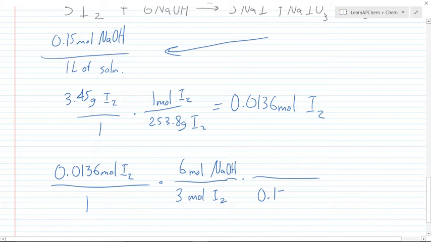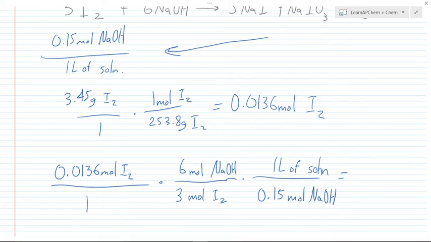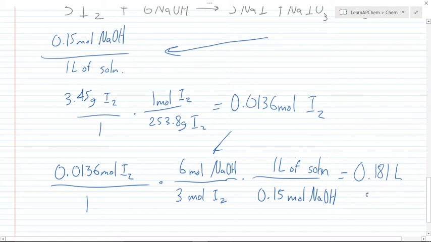So I have 0.15 moles of NaOH per 1 liter of solution. I'll solve this, just plugging it in. This you could reduce to just 2, so 0.0136 times 2, all divided by 0.15, and if I did not make any arithmetic mistakes, the answer should be 0.181 liters of solution.